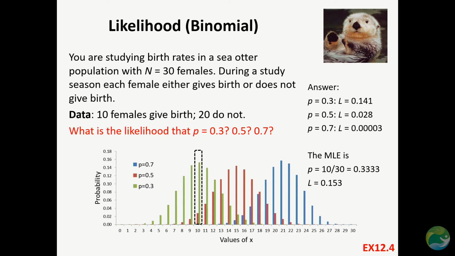What we are interested in is the parameter p, the probability of birth. Is p equal to 0.3, 0.5, or 0.7? Which one is more likely when you observe this kind of data?